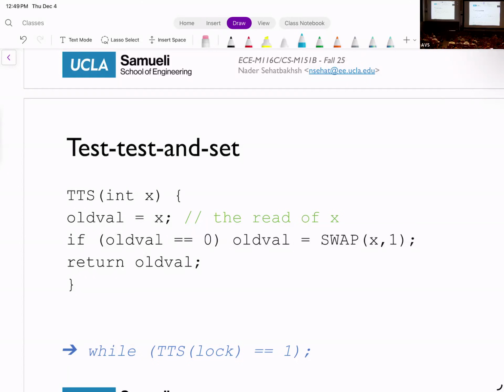So what it does is read the value first. This is a load that reads the lock. The idea here is that if the lock is indeed 0, then I go and try to grab it atomically. I might fail, so this is not guaranteed. But at least I know that I don't issue an unnecessary store if the value is already equal to 1.